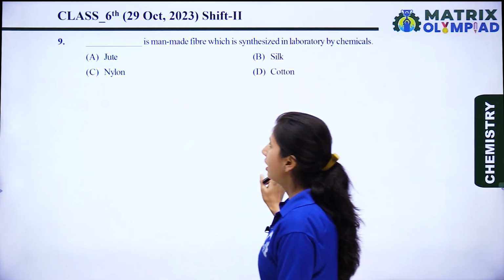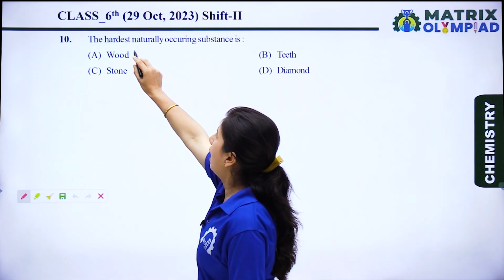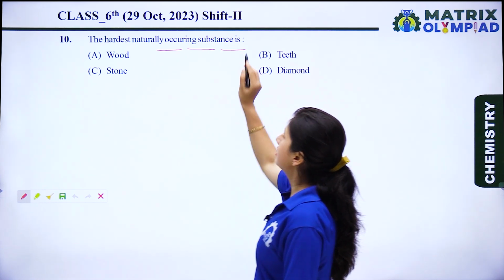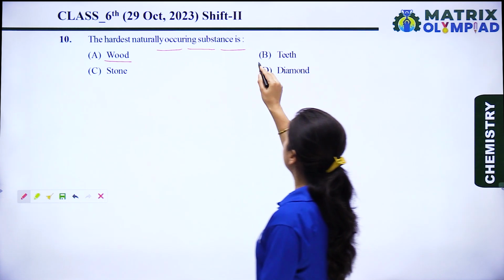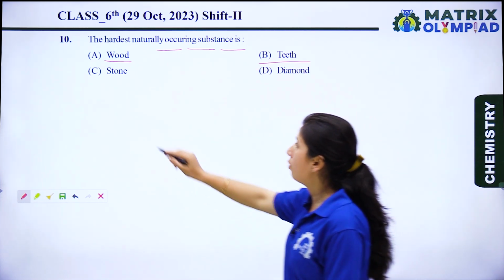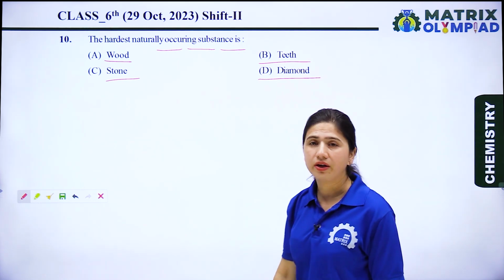Now let's see the next question. The next question is: the hardest naturally occurring substance is option A wood, option B teeth, option C stone, and option D diamond.